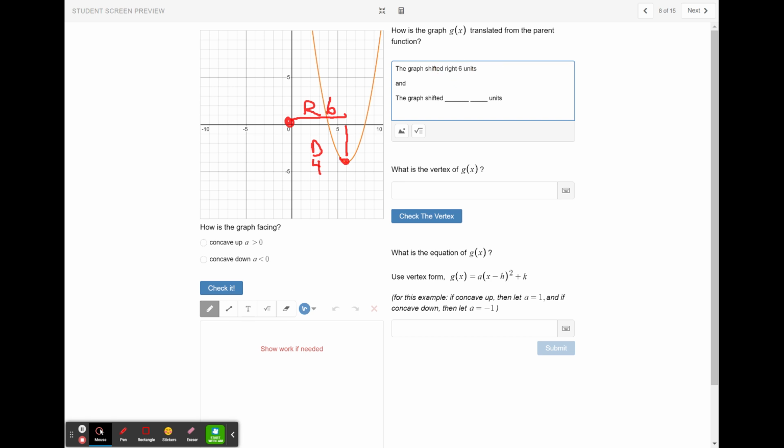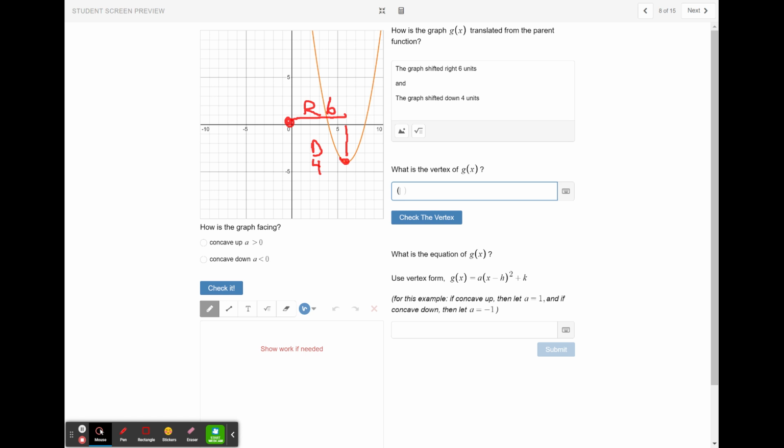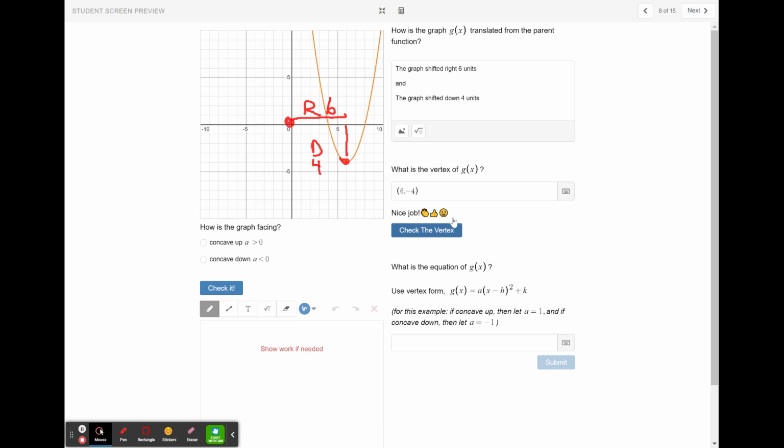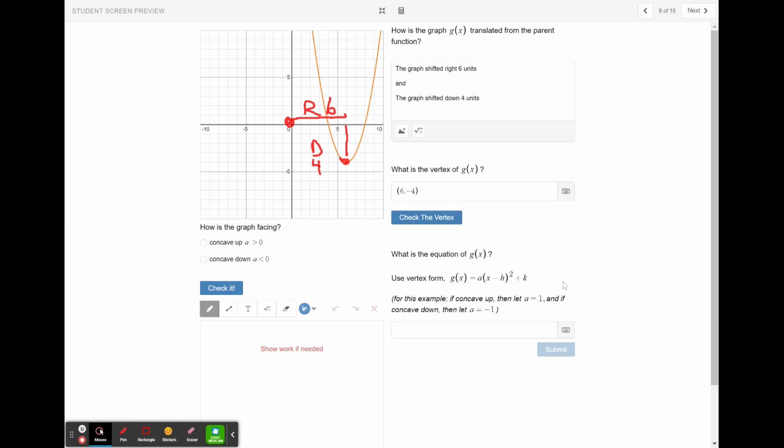So right 6, down 4. Those directions mean that right is positive, so it's a positive 6. Down is negative, so it's going to be a negative 4. And then you just enter it.